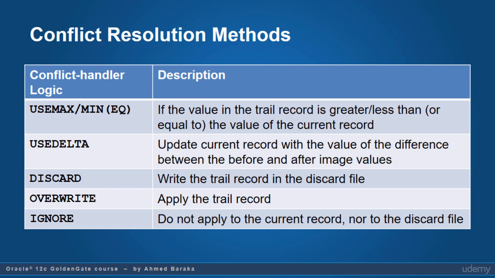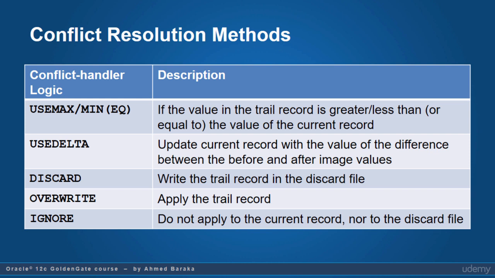If the value of the given column in the trail record is greater than its value in the database and the conflict was INSERTROWEXISTS, the replicat will apply the trail record and change the insert to an update to avoid a uniqueness violation and overwrite the existing values.